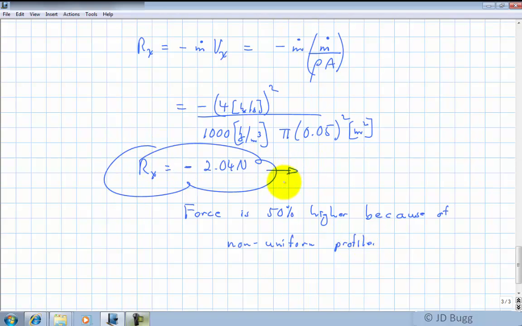So remember, the same conclusion would be made here. The force on plate would be positive 2.04 newtons in the i direction.